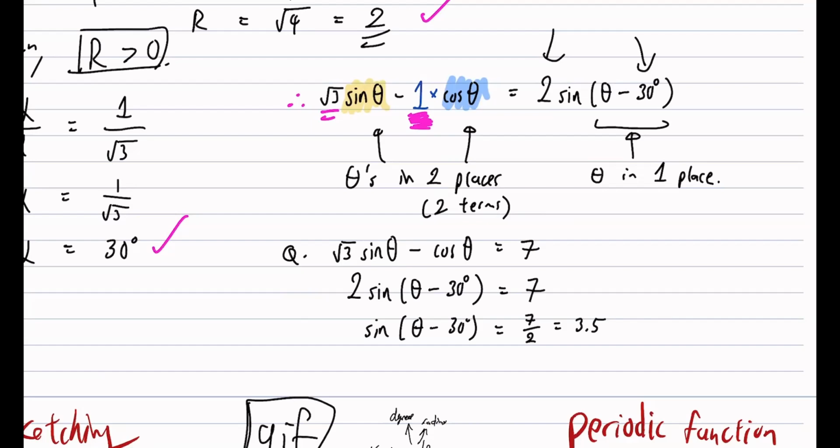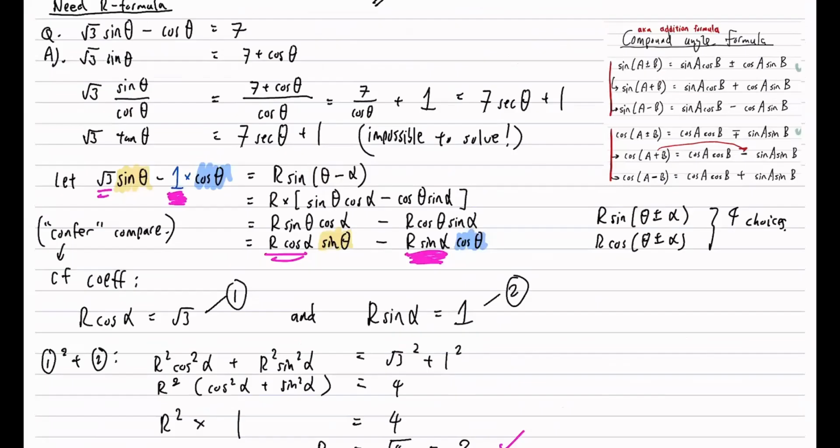Can I just change the 7 to something smaller? Let me think. I'll just pick 0.5. So if it's 0.5, I have to redo the whole thing.